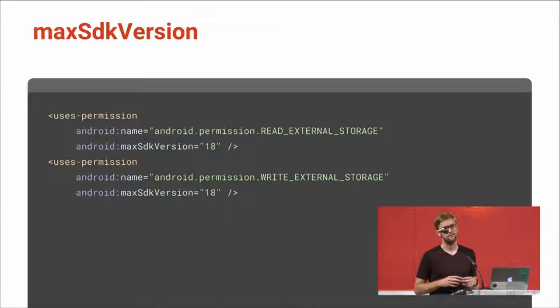Now, if you're saying, well, I only write to those app-specific directories, I'm good. There's actually a super easy way to remove storage permissions. You can use maxSdkVersion. maxSdkVersion just says, I want to use this permission, but as of KitKat, I don't need it anymore. I can safely remove it from my manifest.